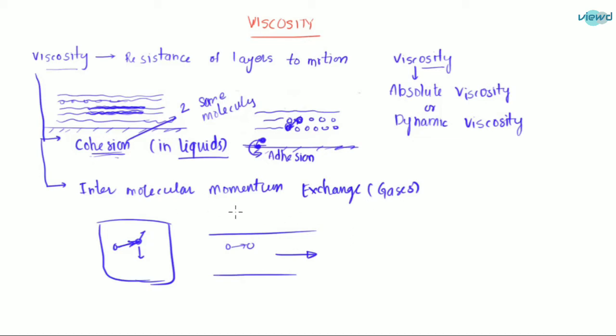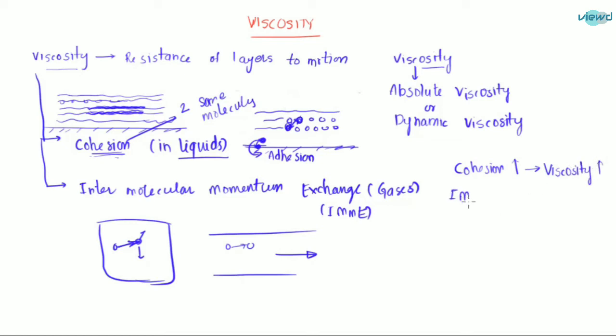So how do cohesion and intermolecular momentum exchange change the viscosity? Let us say intermolecular momentum exchange is IMME. If cohesion increases, which means attraction between two same molecules increases, viscosity also increases.